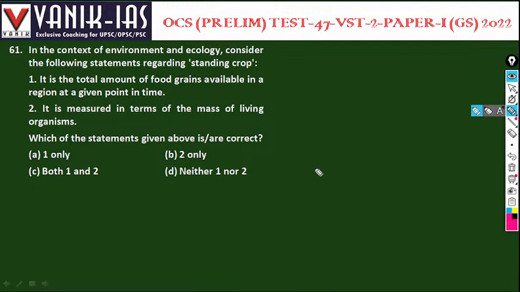In the context of environment and ecology, consider the following statements regarding standing crop. It's the total amount of food grains available in a region at a given point of time.